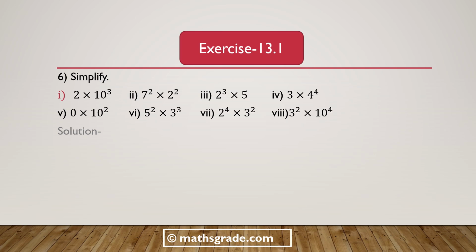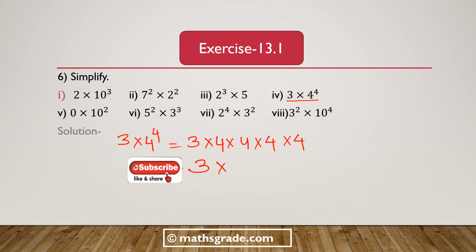Now we solve question number 4th bit 3 multiplied with 4 to the power 4. We have to simplify these exponential numbers. 3 multiplied with 4 to the power 4, and 4 to the power 4 means 4 multiplied 4 times. 4 multiplied by 4 is 16. 16 multiplied by 4 is 64. 64 multiplied by 4 is 256.